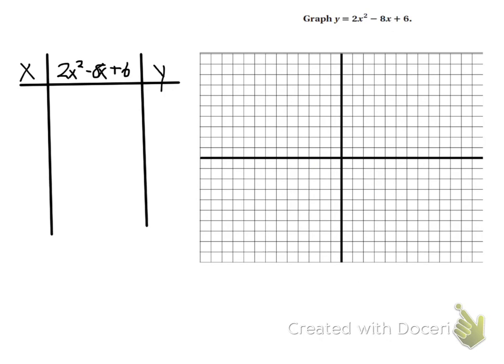Now we are going to graph 2x squared minus 8x plus 6. Now, this isn't as easy as the ones before because all we did was we knew the vertex was 0 because there was no b value. When there isn't, we have to look for the vertex, using the axis of symmetry, as some call it.